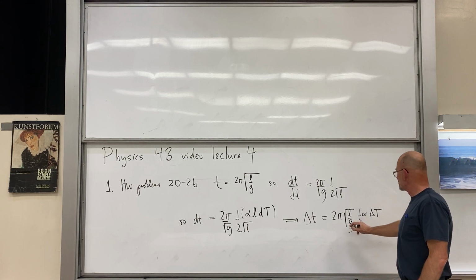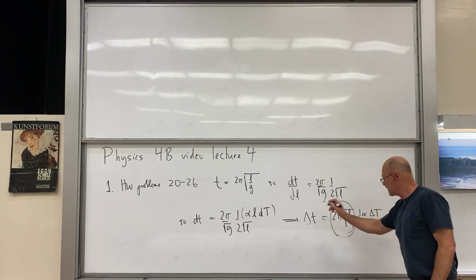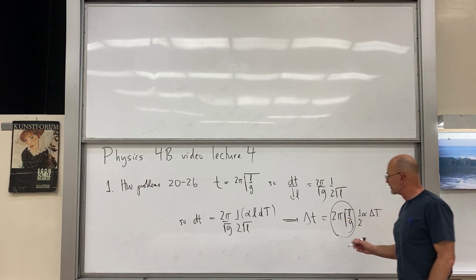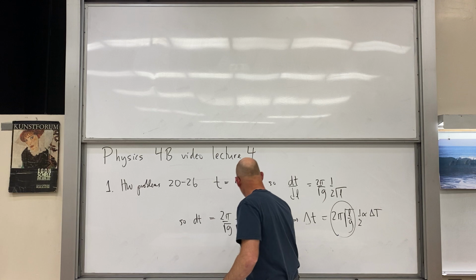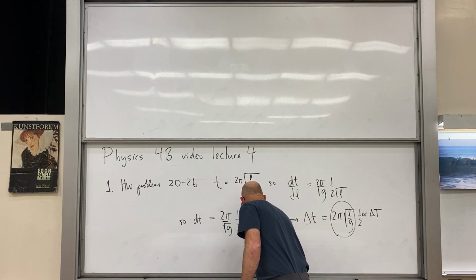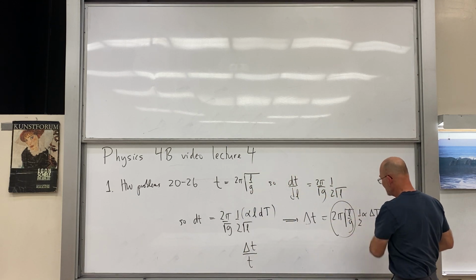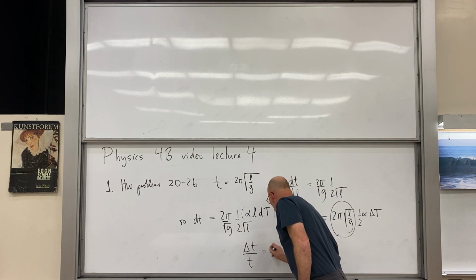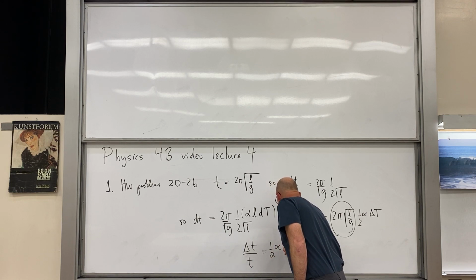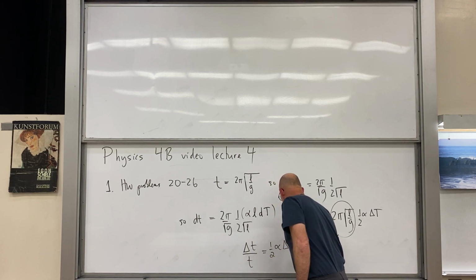So this is pretty interesting, and this here is the original period. So we have the change in the period divided by the original period, which is equal to 1/2 alpha delta temperature.